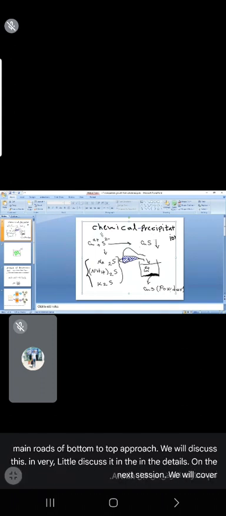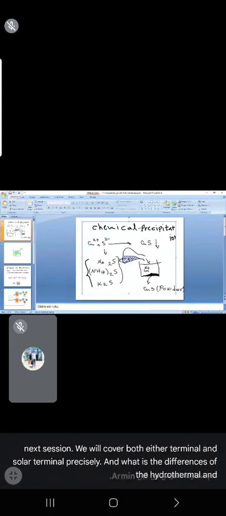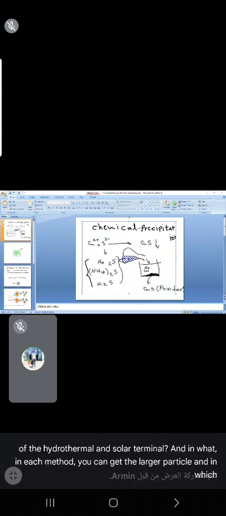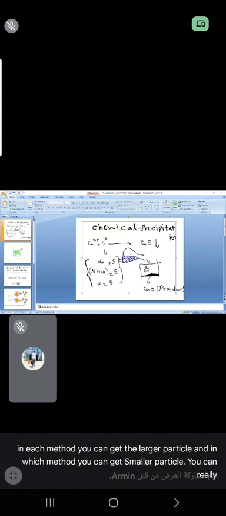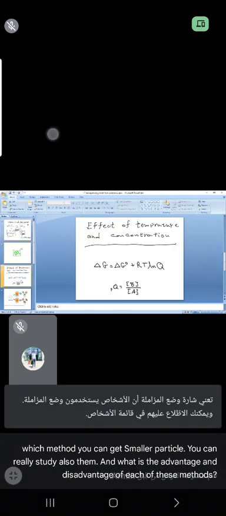We will cover both hydrothermal and solvothermal precisely, what the differences between them are, in which method you can get larger particles and in which method you can get smaller particles. We will study both of them, and the advantages and disadvantages of each of these methods.